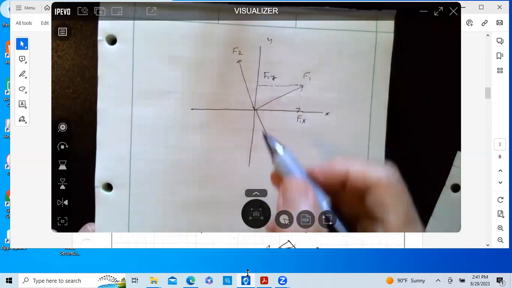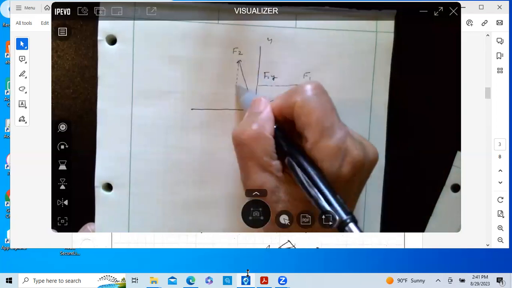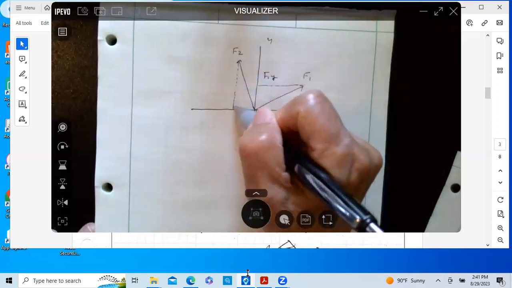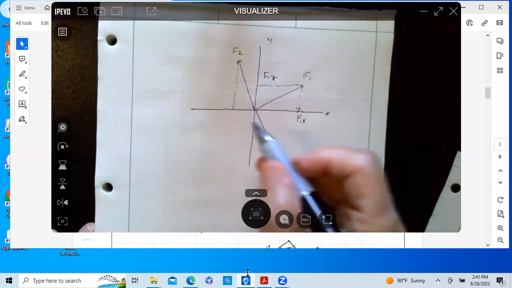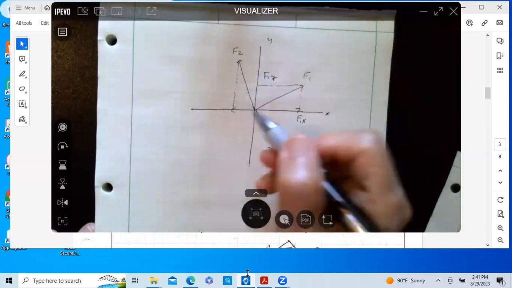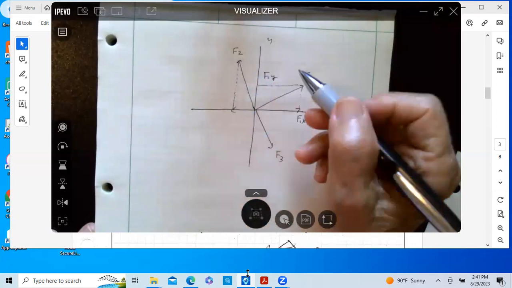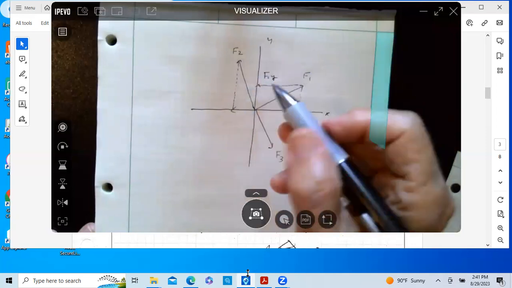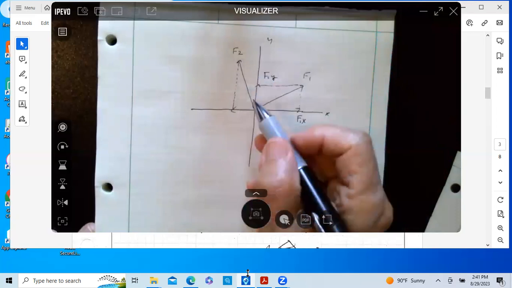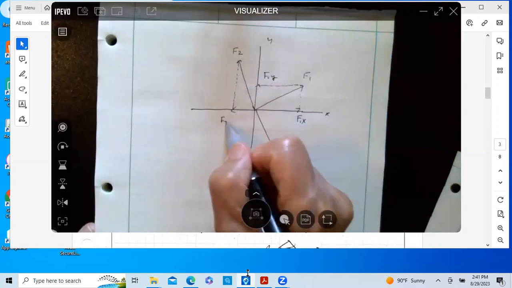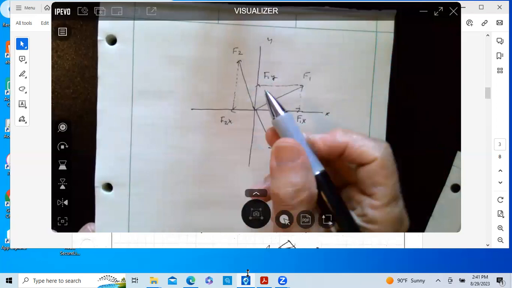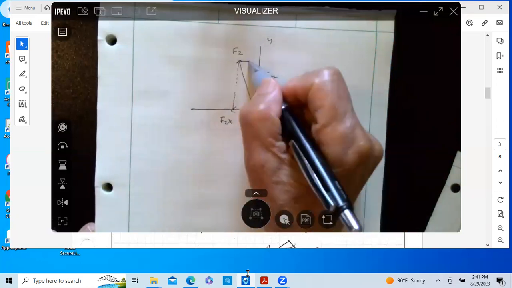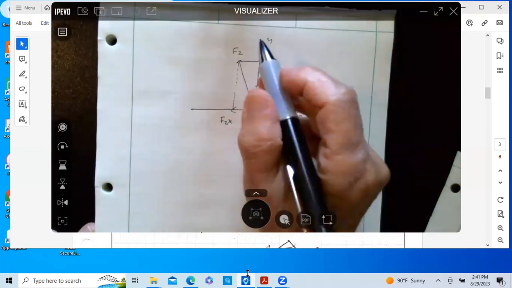For F2, again, down to the x-axis. Right. This is F2x.